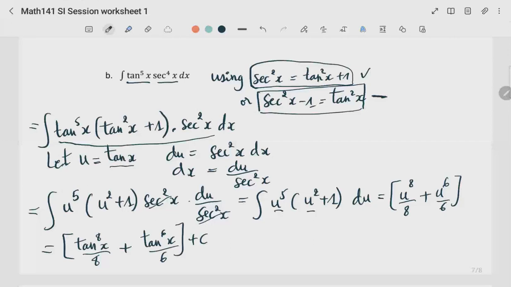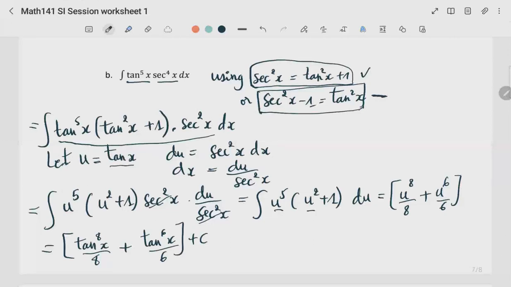As I said multiple times before, these substitutions just come with practice. There's no magic trick. The more you practice, the more you see which substitution is more advantageous than the other one. Who knows, maybe if you use the second one, the process is even shorter. So try that as an exercise, and you're free to send me your attempts, and I'll have a look.